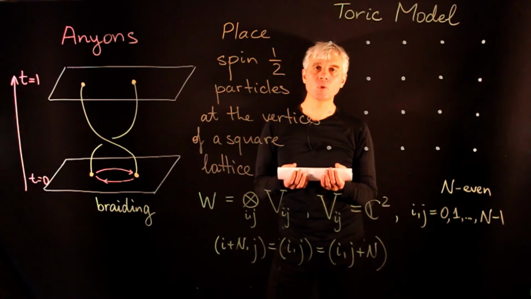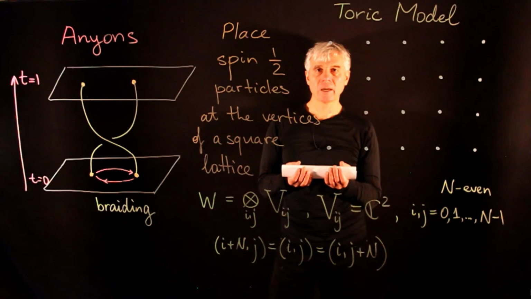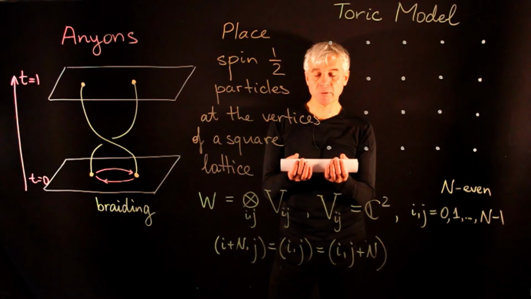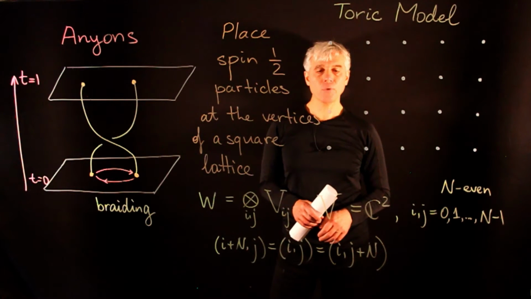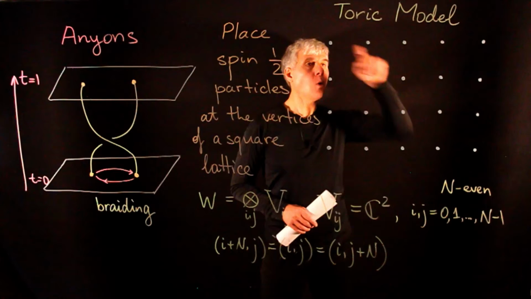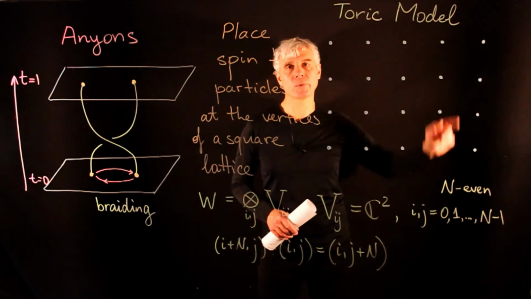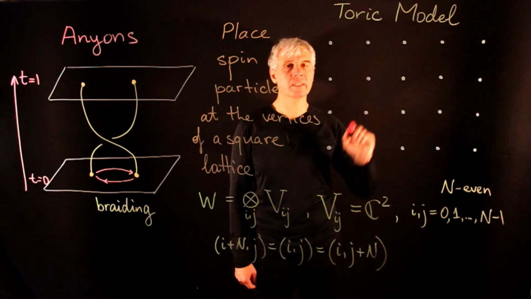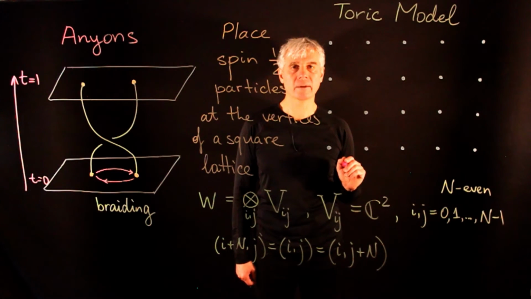Folding a cylinder into a torus in a three-dimensional space requires stretching. However, in a four-dimensional space, this can be done even without stretching paper. Mathematically, of course, we don't need to do any folding, and we just identify the opposite sides of our square. Next, we're going to paint the squares of our lattice, forming a checkerboard pattern.